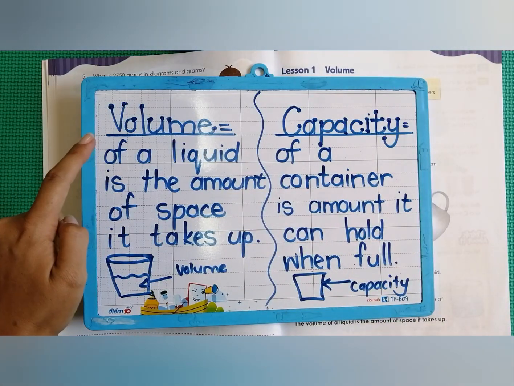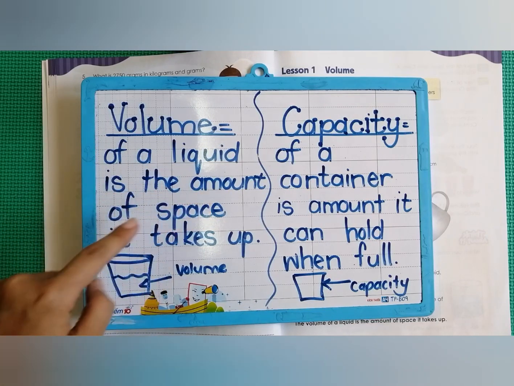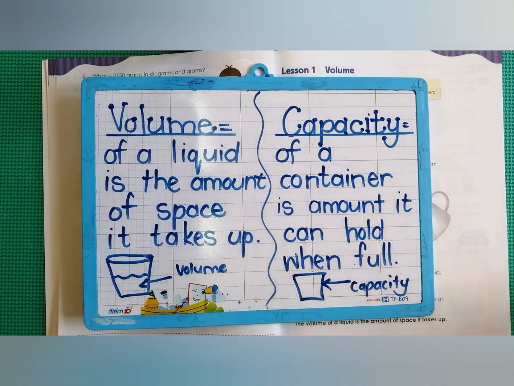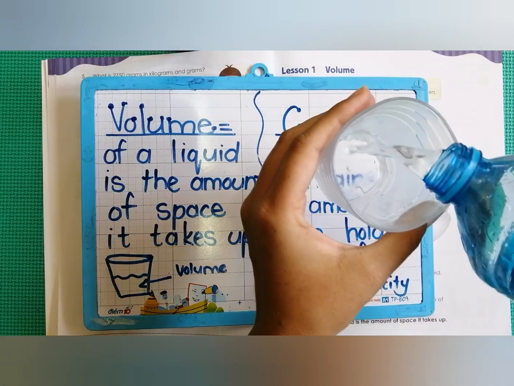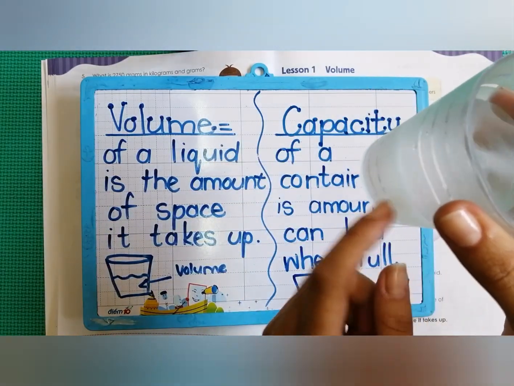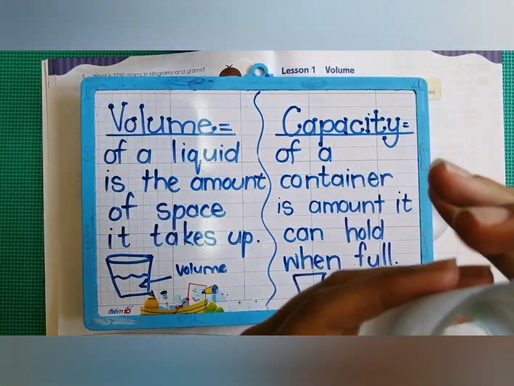Let's read. The volume of a liquid is the amount of space it takes up. So when we speak of volume, we speak about how much space this water takes up in this cup. I can't turn it over for you to see. Let me show you.